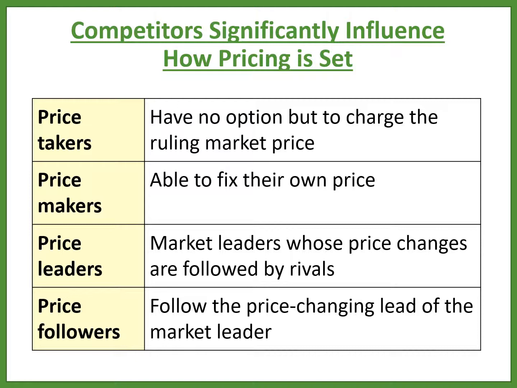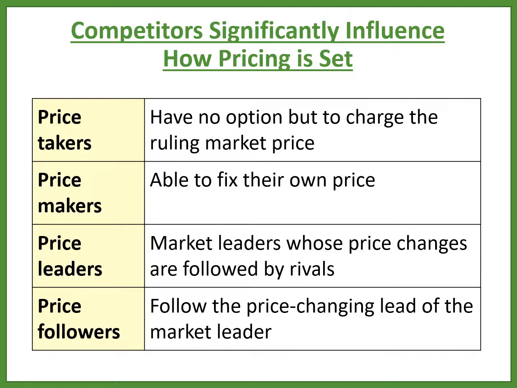Okay, so competitors will significantly influence how pricing is actually set. So price takers are basically, you've got no option but to take the ruling market price. So it could be that the government has set caps, or the competition around you, everybody is still charging the same price. Then there's price makers who are able to actually come along and make their own prices.